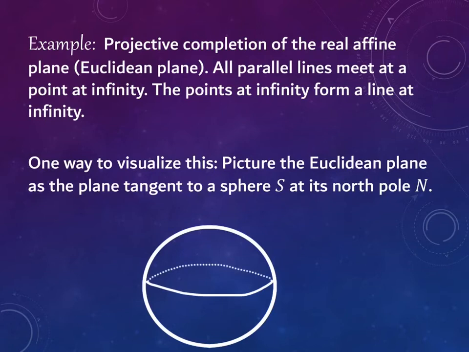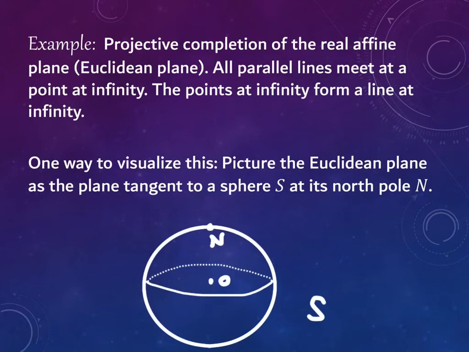Our sphere, we're going to say, has center O. It has a north pole N. And our sphere's name is S. Okay, I think that's what I've got so far.